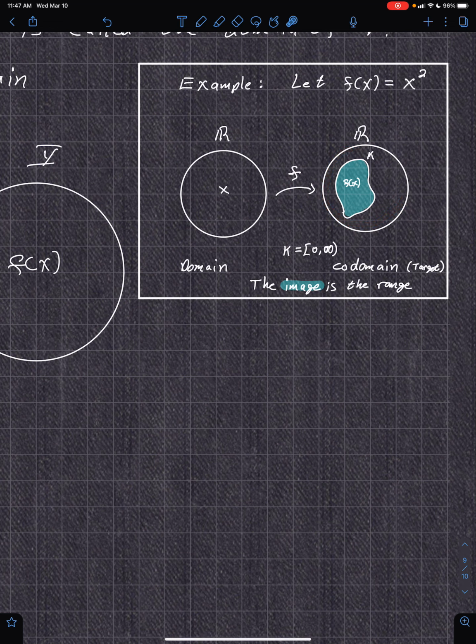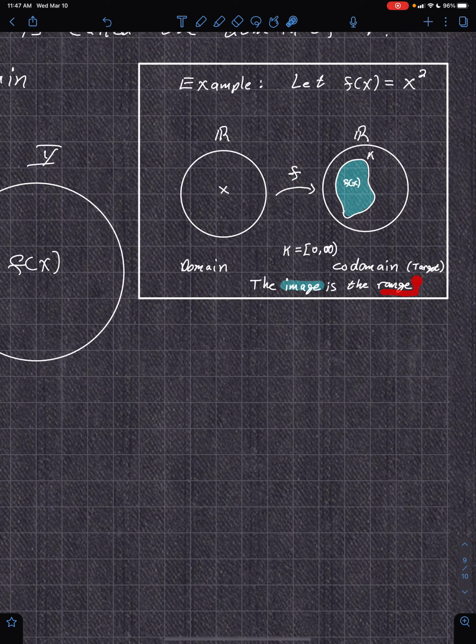So the codomain is all reals. That's like your target, which we're going to hit. But your actual values are just here, and those are your positive reals, the set including 0 to infinity. And the image, and I'll define this in a second, we call this part the image of f.